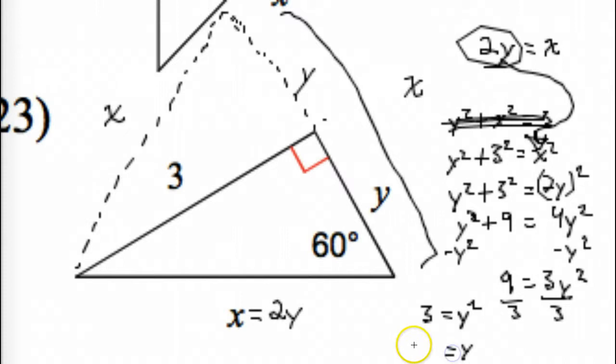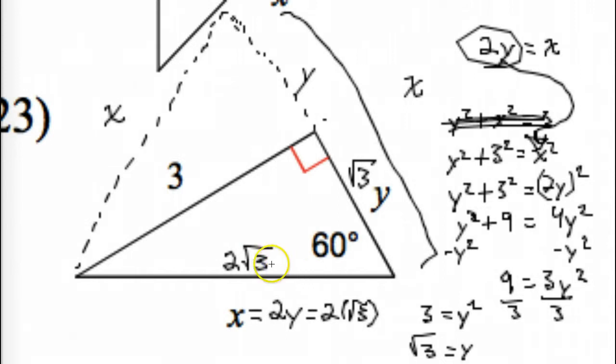Y equals square root of 3. All right, so this piece down here is square root of 3. That's cool. Then what's x? Well, x is 2 times y, which is 2 times square root of 3. So this is 2 square root of 3. So pretty cool stuff there. Pretty cool.